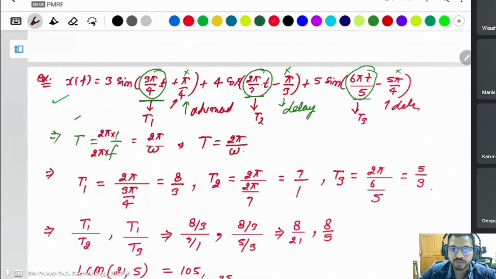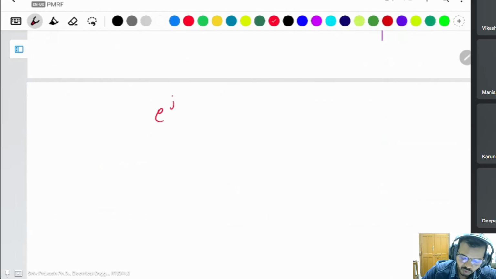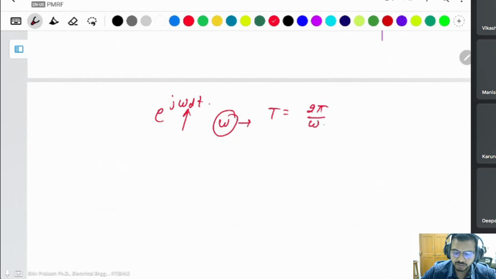If you find e to the power j omega t, then this is the omega, and T is equal to 2π/omega. In the same form you can write sine and cosine; the frequency is the same.